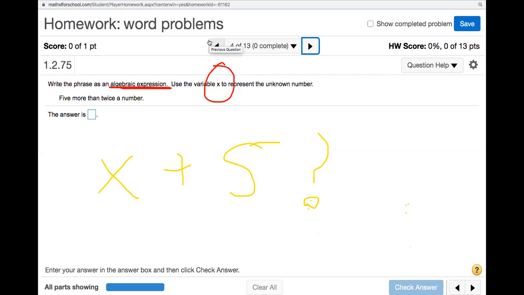Okay, Ms. Vega, you almost got it, sweetie pie. You got your 5 in there. Okay, that's your 5. More than means addition, Ms. Vega. You got that. But then, Ms. Vega, it says twice a number. When it says it's twice a number, okay, what comes to your head about twice a number? A number is X, but what about the twice part?